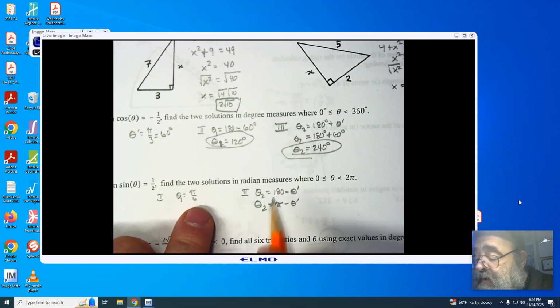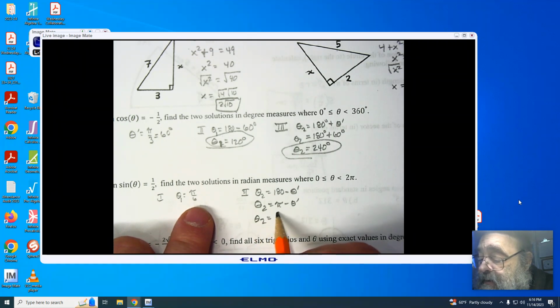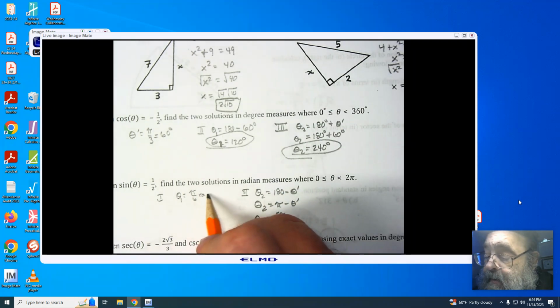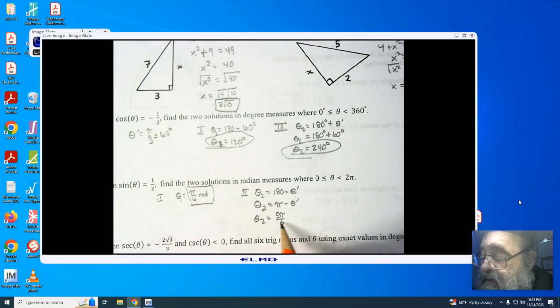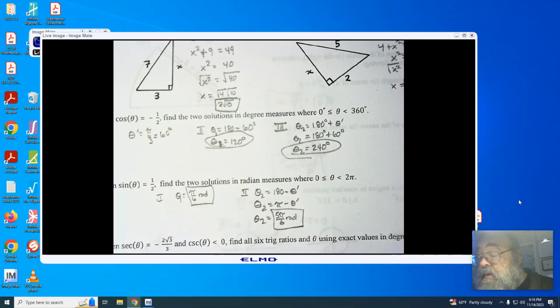Taking pi over 6 away from pi, my second answer is 5 pi over 6. Let me just tack rad behind so I have my 2 units. And I have the two solutions between 0 and 2 pi.